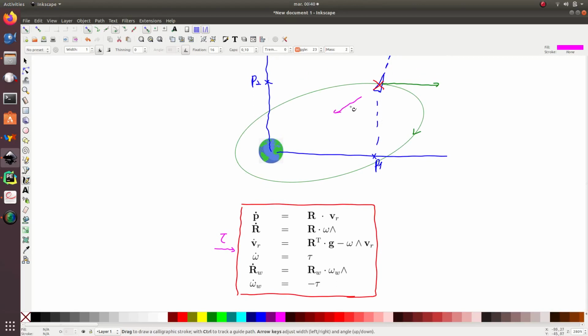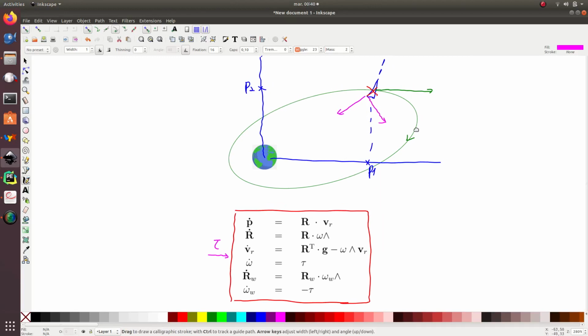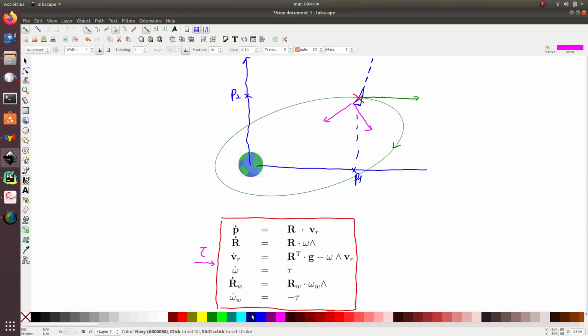So I will build some kind of desired orientation, and I put it like this. So if the satellite has this orientation at this moment, X and Y, front and up, if we want, the magenta orientation, then it will look toward the Earth.